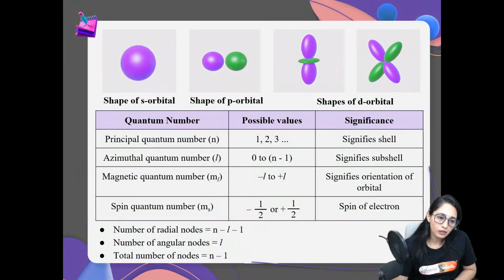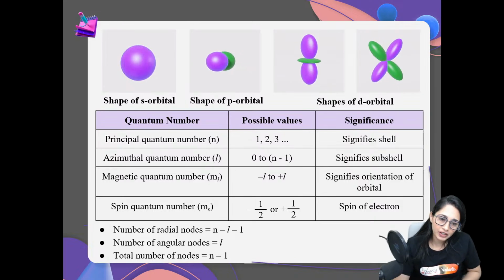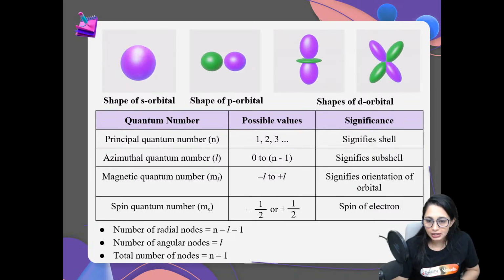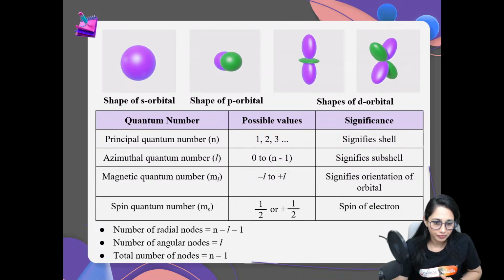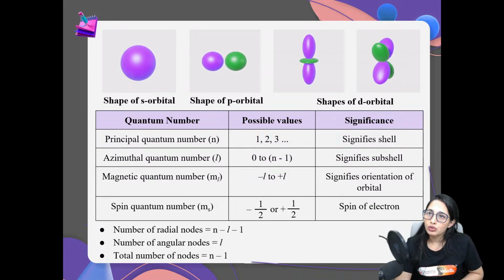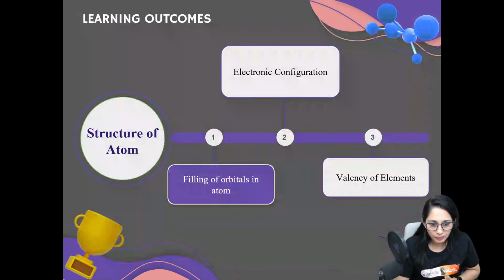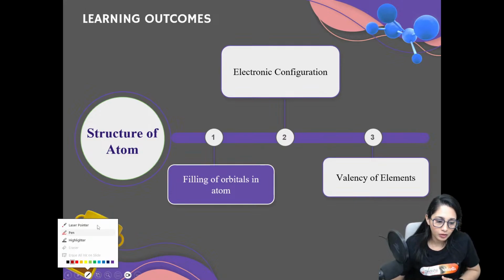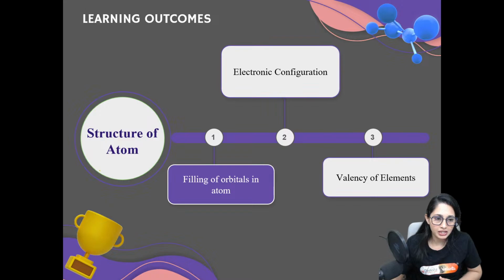So let's summarize now. We have discussed the shape of s orbital, p orbital and d orbital. We have previous year questions and important questions from this chapter. We will be discussing that during the week quiz.